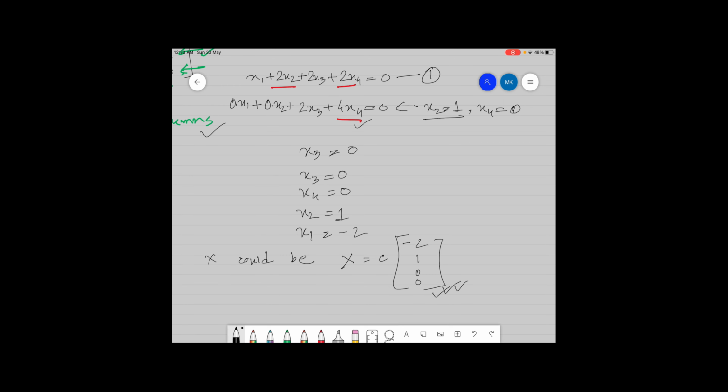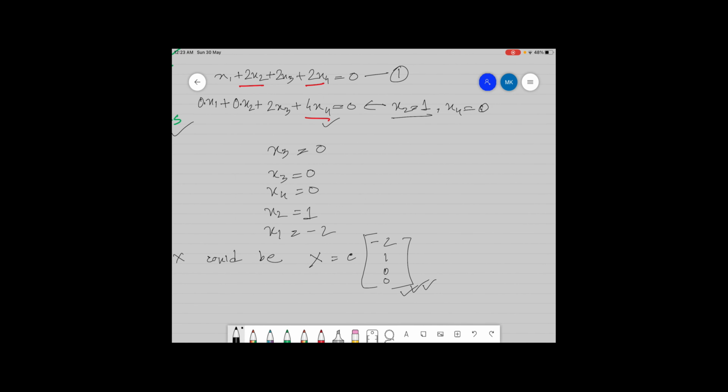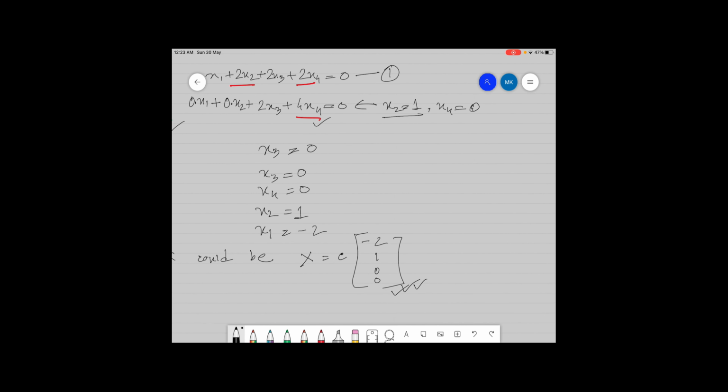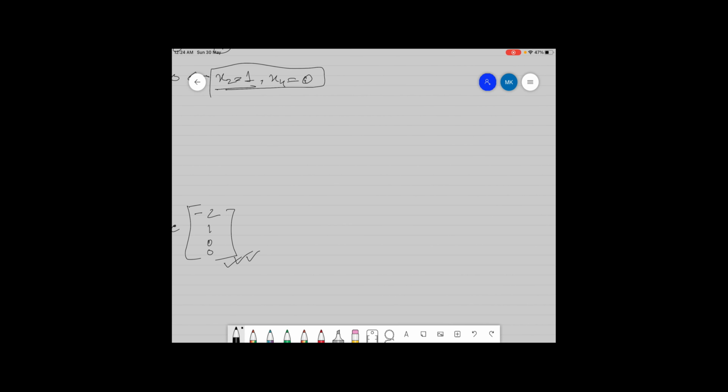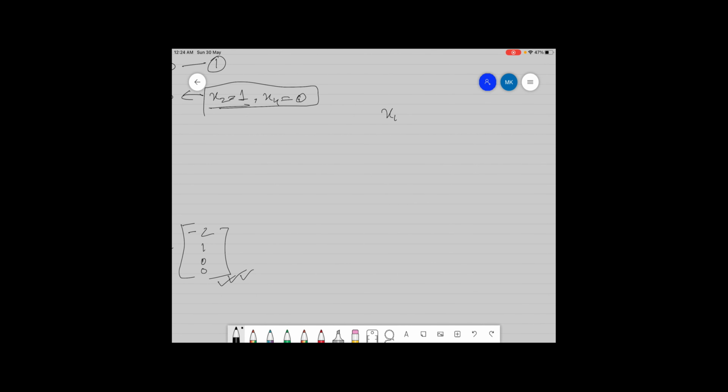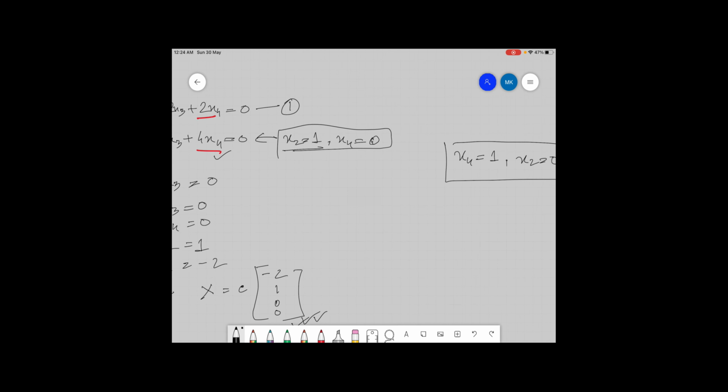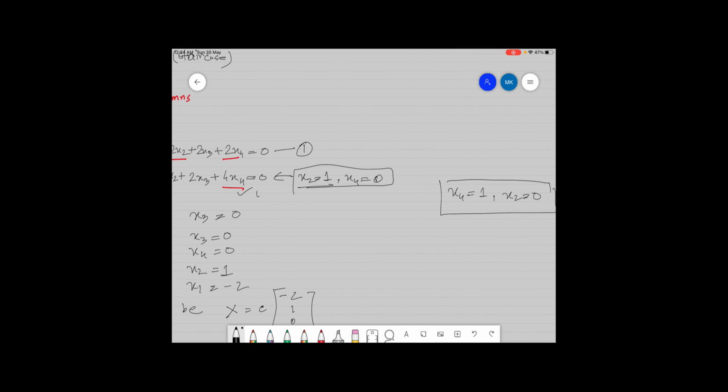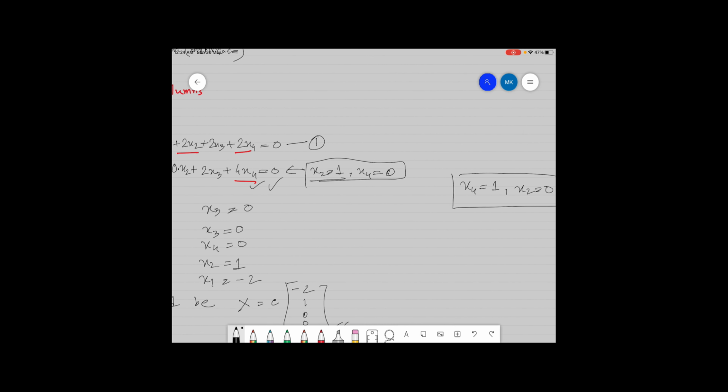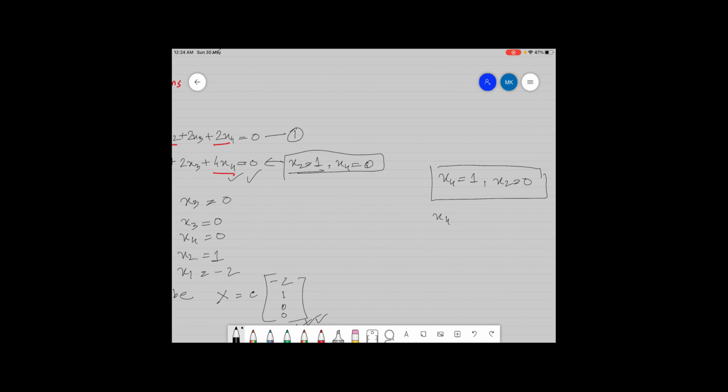Now, is this the only solution? The answer is no. First we saw x2 equals 1 and x4 equals 0. Now we can find the solution for x4 equals 1 and x2 equals 0. Just switch these values into these equations. If x4 equals 1, then from this equation we have x3 equals minus 2.